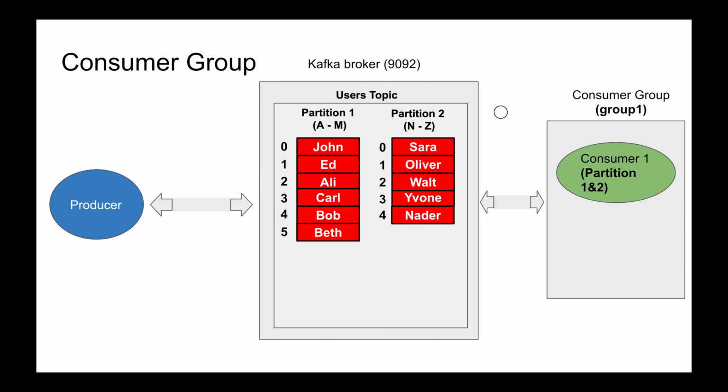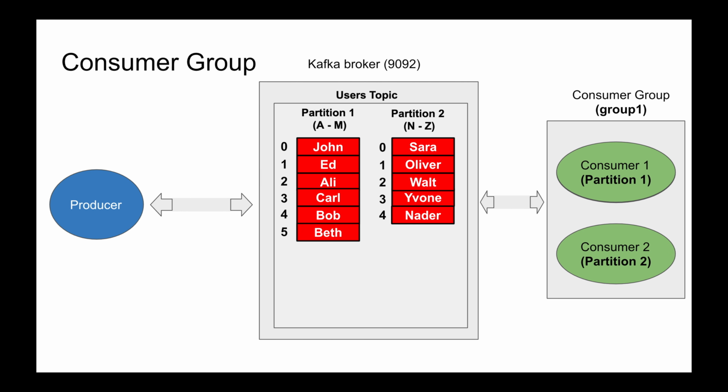So what is really interesting is the moment you add another consumer to the group, it rebalances. It says, oh, okay, consumer 1 was really overloaded, so let's remove partition 1 and give you partition 2, consumer 2, all right? And here's the thing. Each partition has to be consumed by one and only one consumer, right?